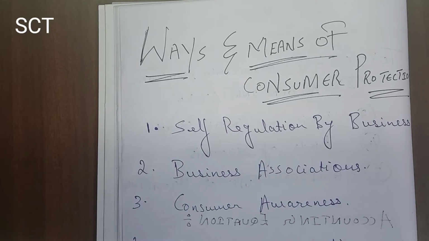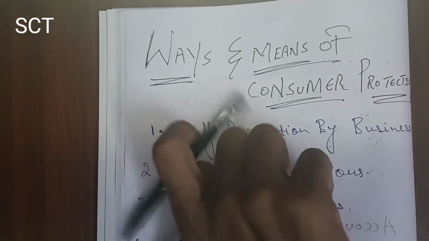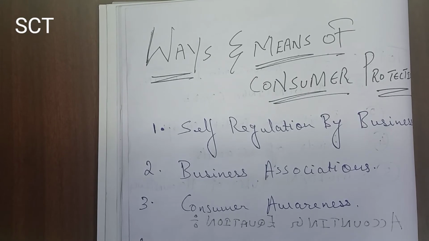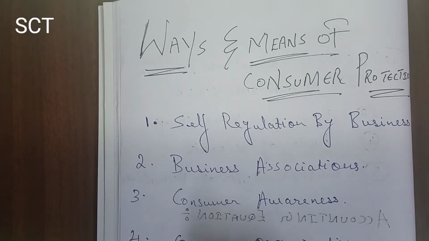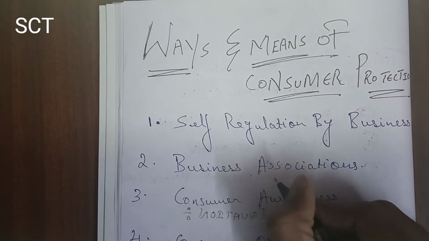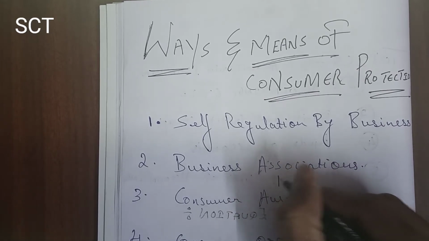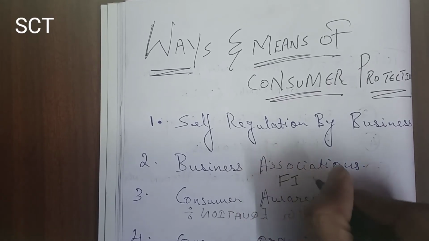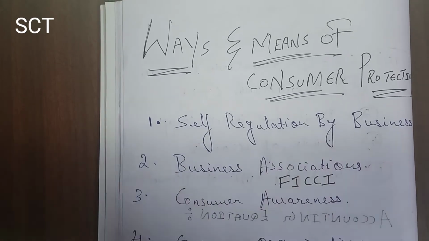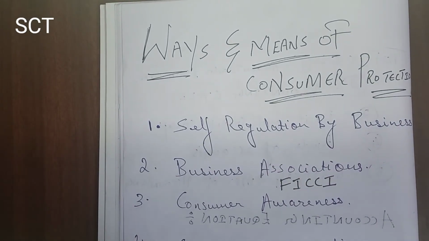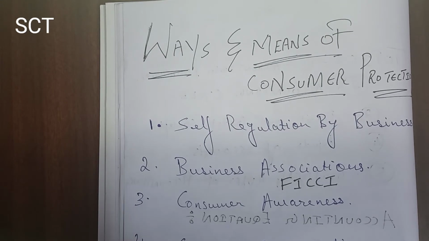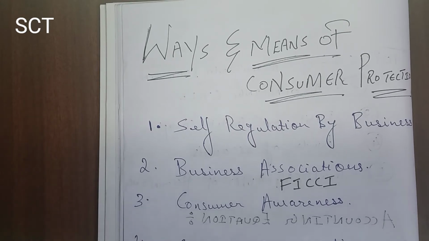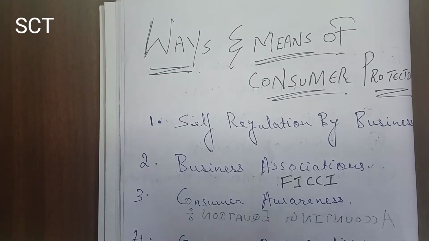The second point, business associations. There are several business associations of trade, commerce, and business. For example, the Federation of Indian Chambers of Commerce of India and the Confederation of Indian Industries have laid down their code of conduct, which lays down various guidelines, rules, and procedures for the business while dealing with the customers.